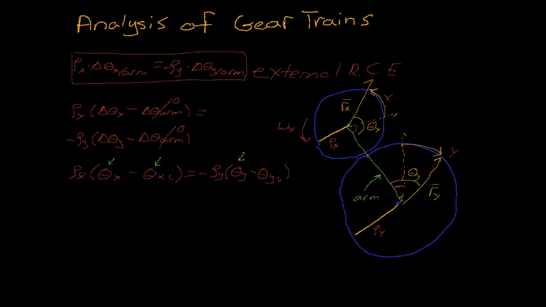So to get this equation in terms of their velocities, what we're going to do is differentiate with respect to time. Differentiating with respect to time gives us rho x times the derivative of theta x with respect to time.